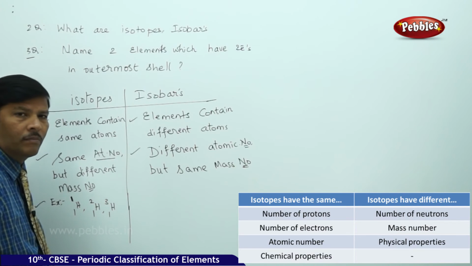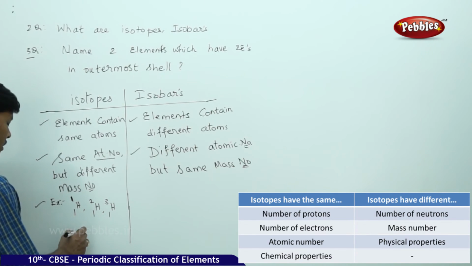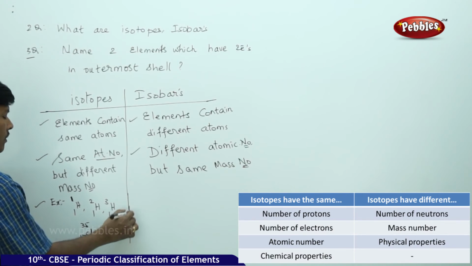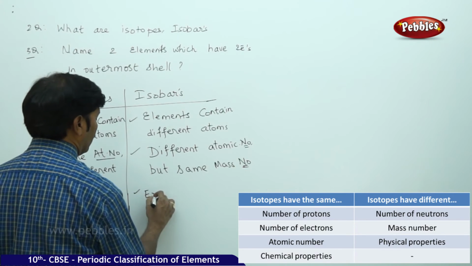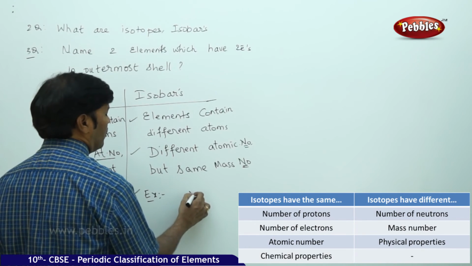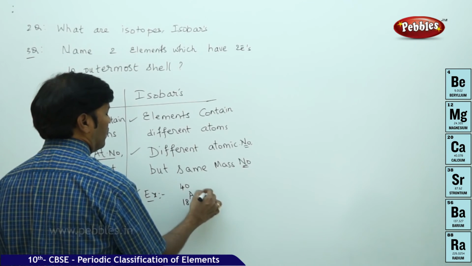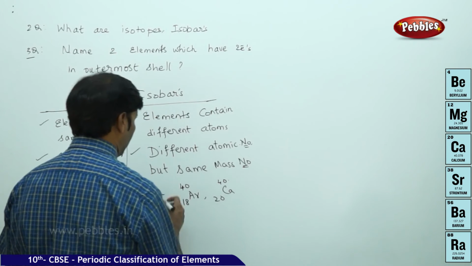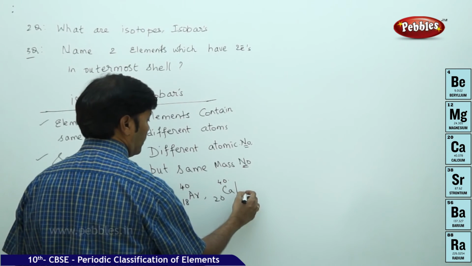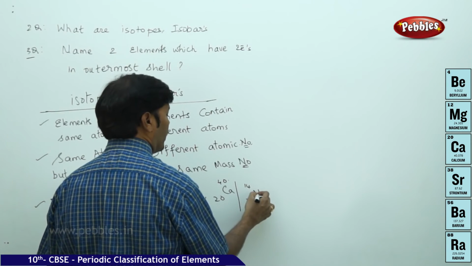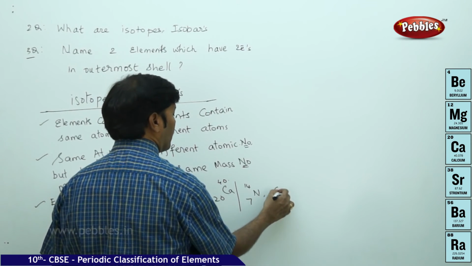These are isotopes of hydrogen. You can also take 17Cl35 and 17Cl37. For isobars, you can take 18Ar40 and 20Ca40. You can also take 7N14 and 6C14.